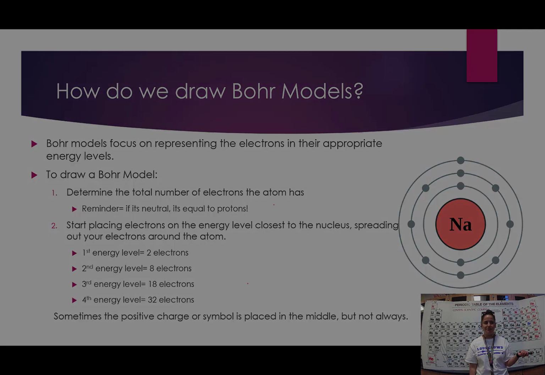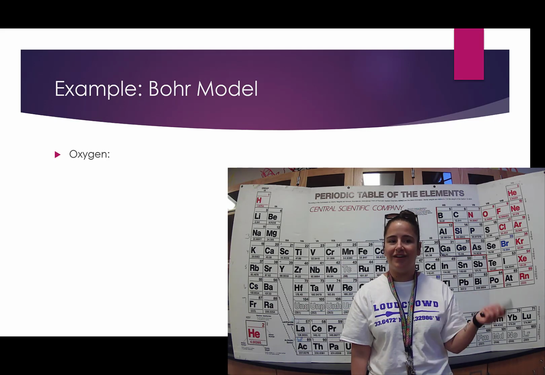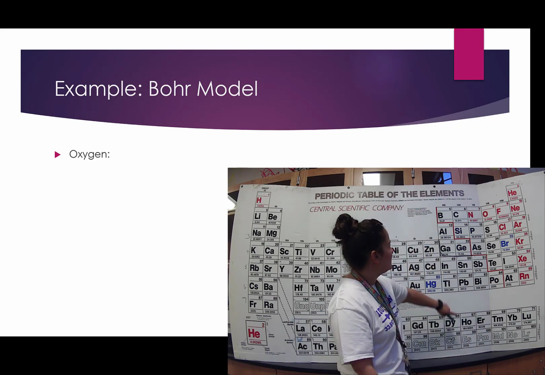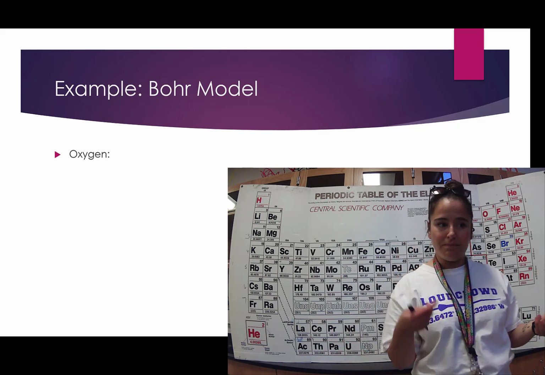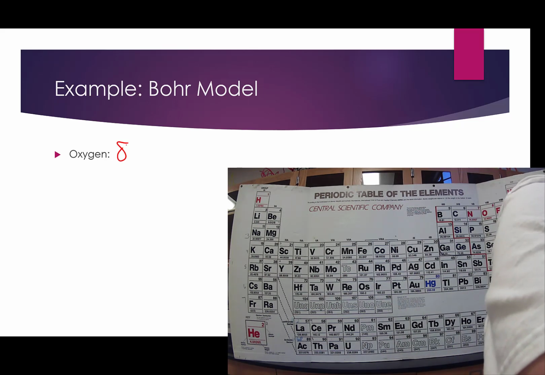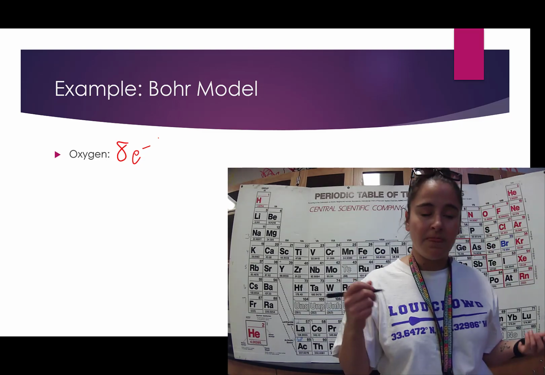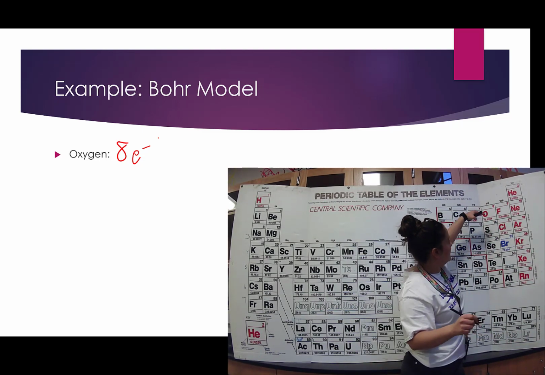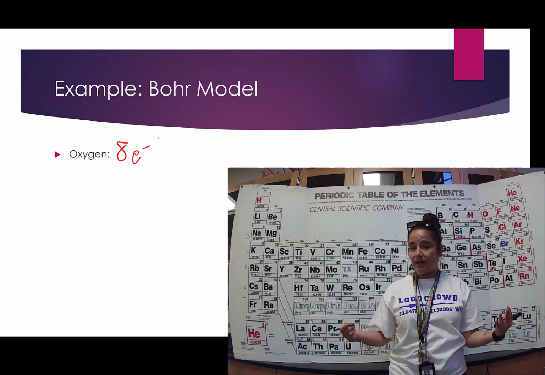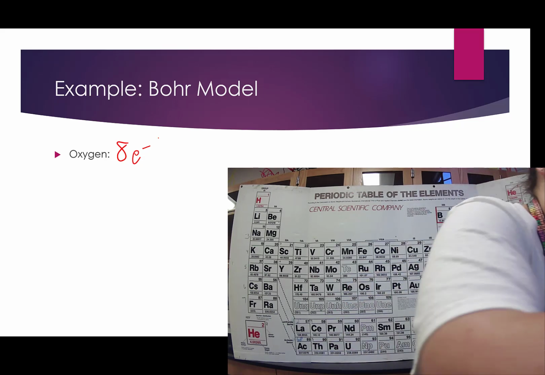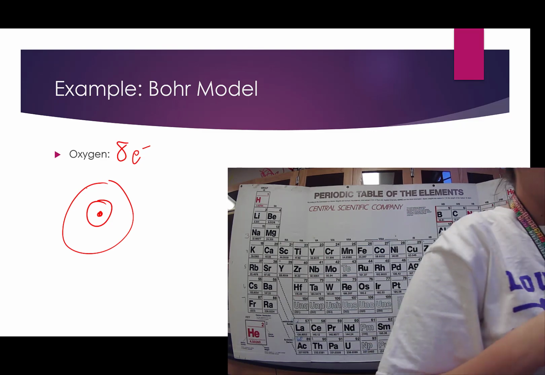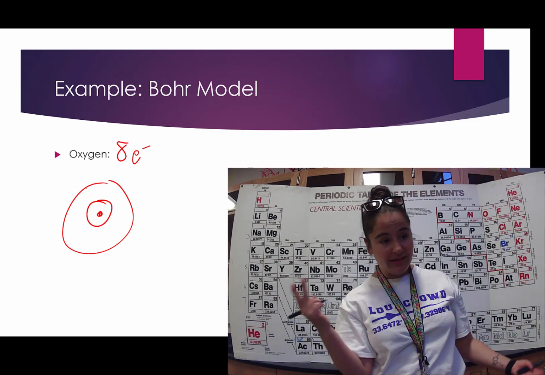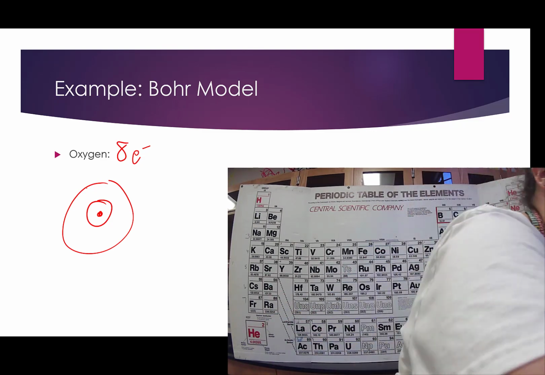So let's practice, starting with good old oxygen. Oxygen is number 8 on the periodic table, meaning it has 8 electrons. It's also in the 2nd row, so I know it's going to have 2 energy levels. 2 electrons fit on the first energy level.